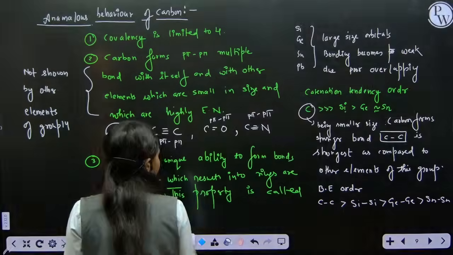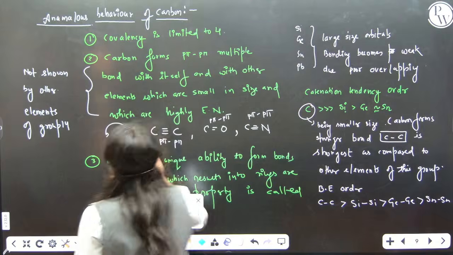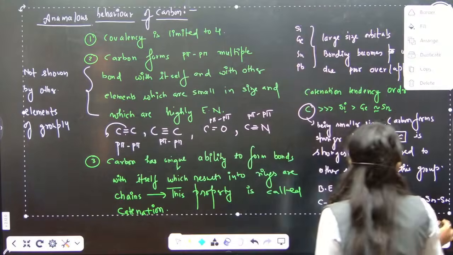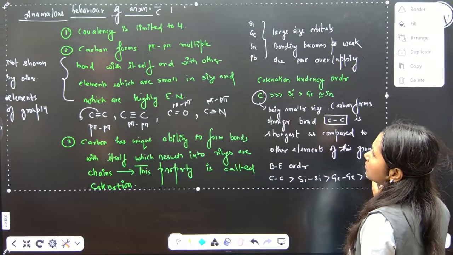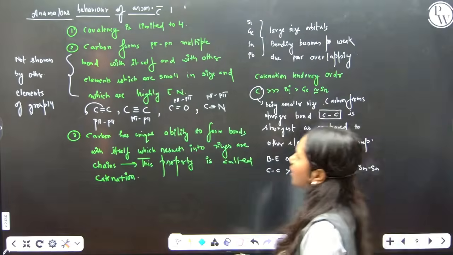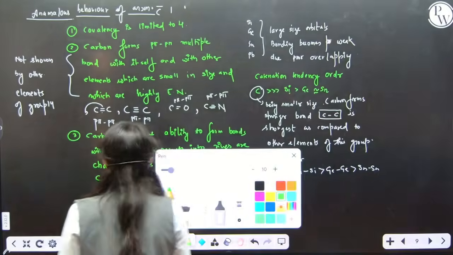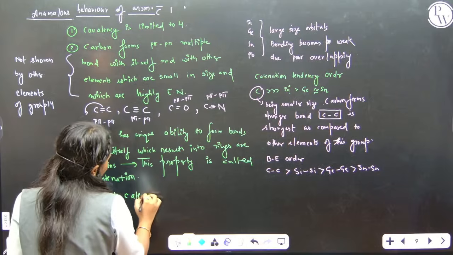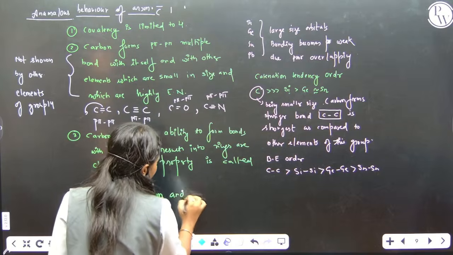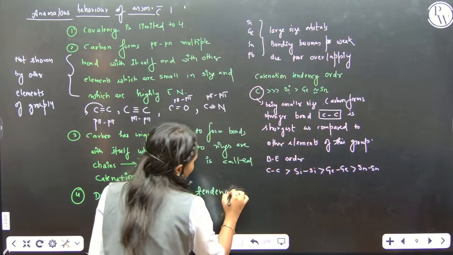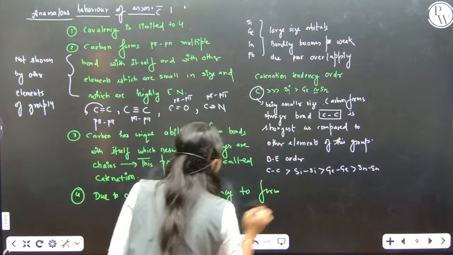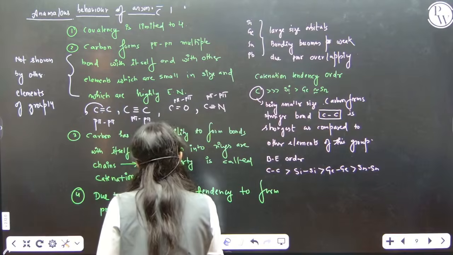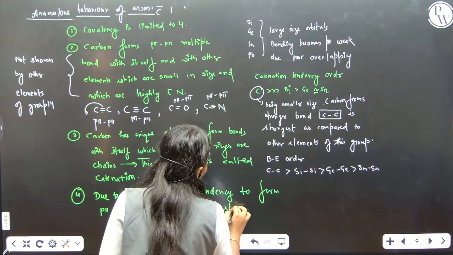So, due to catenation and the tendency to form pπ-pπ bonds, carbon can show allotropy.